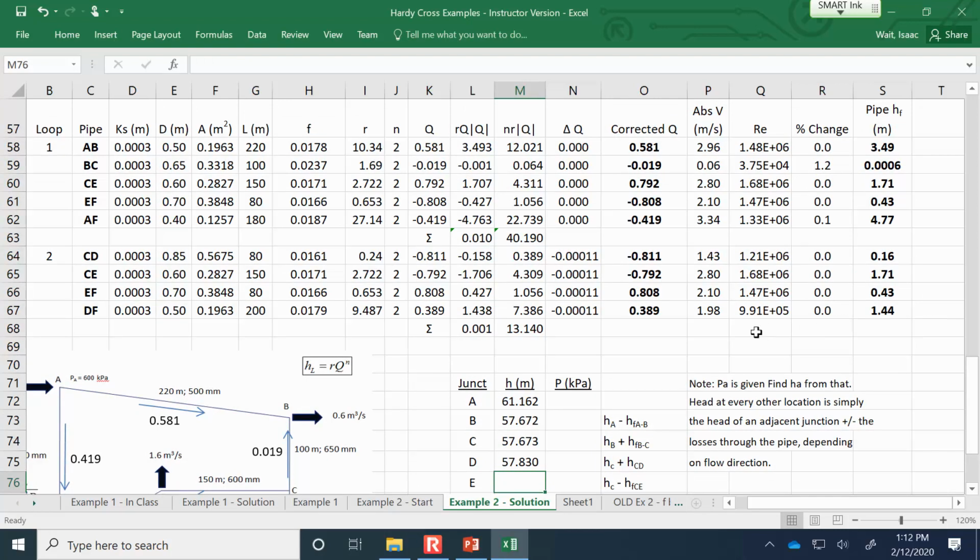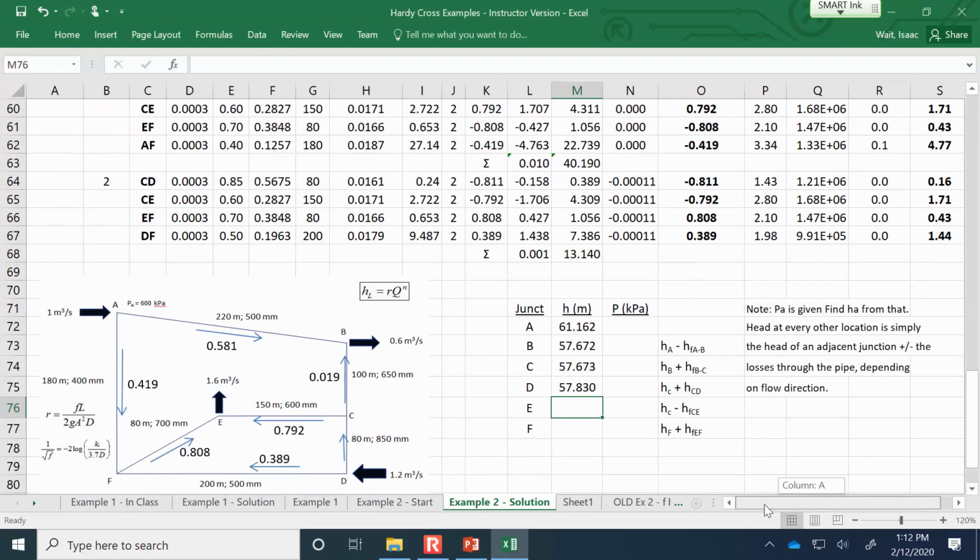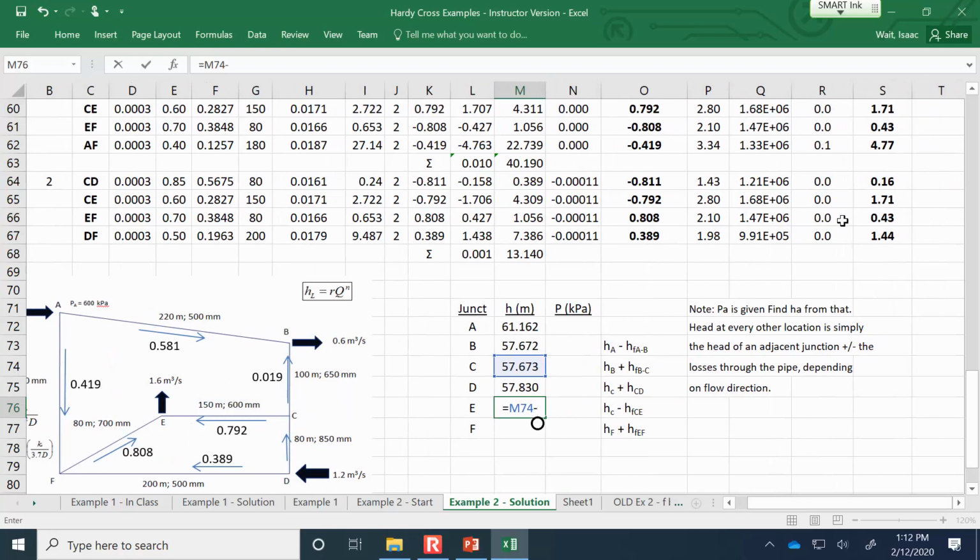Okay. Junction E is going to be less head than there was at C. So I'm starting with the head at C and subtracting the losses that went through pipe CE. So here's the CE losses.